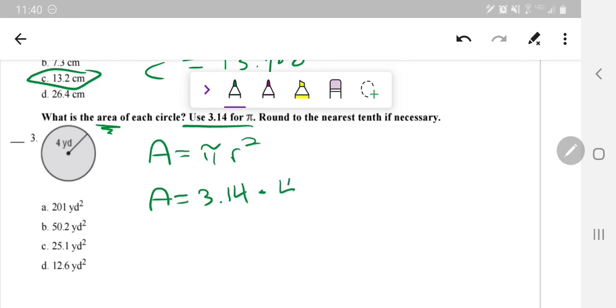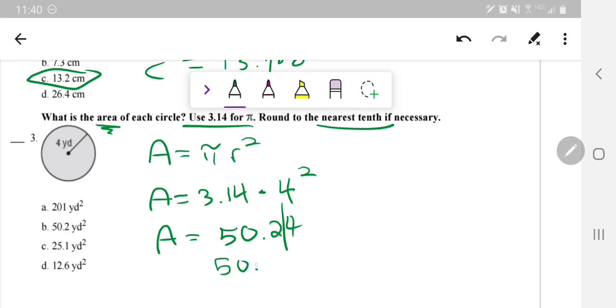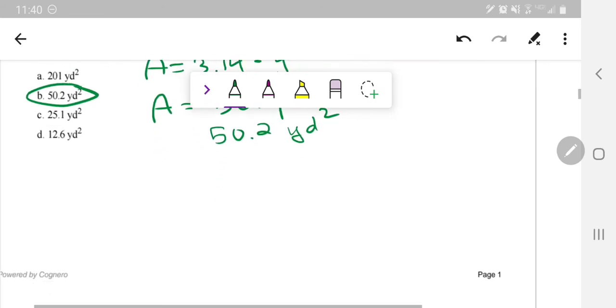The radius is 4. We're going to square that. When I put that into my calculator, it comes to 50.24. We round to the nearest tenth, and that comes to 50.2, and that's going to be yards squared because this is a two-dimensional measurement. Area is a two-dimensional measurement.